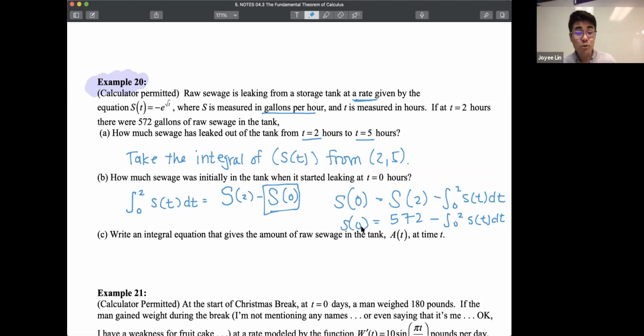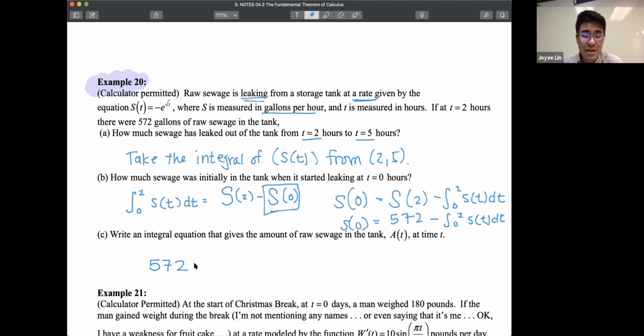And then part C says, write an integral equation that gives the amount of raw sewage in the tank at any time t. So part C is where you want to keep in mind that you started at 572, right? So we had 572. And then here, it says raw sewage is leaking, right?